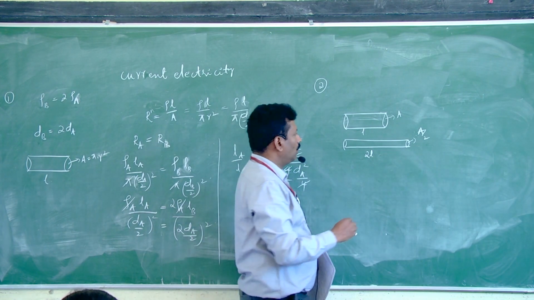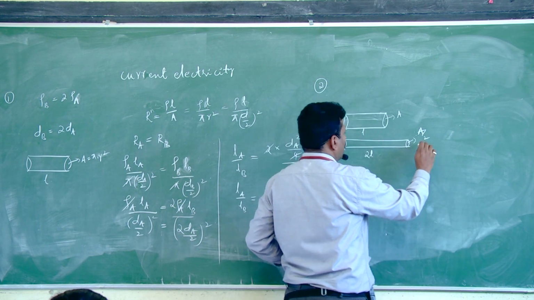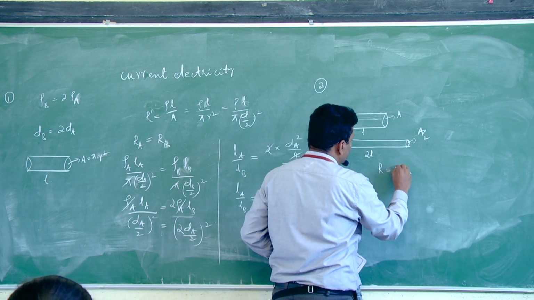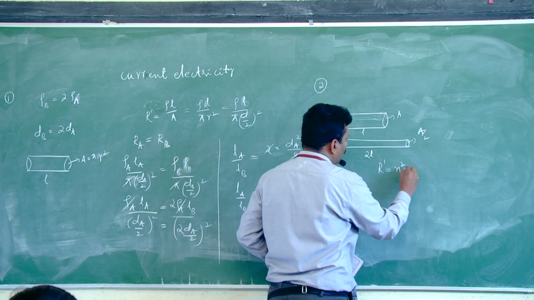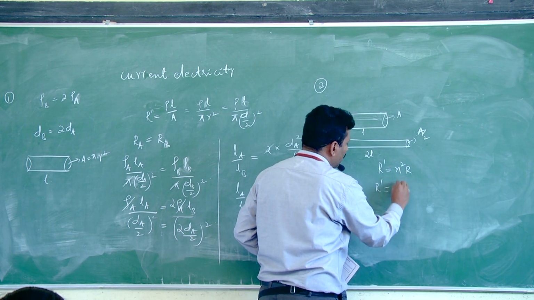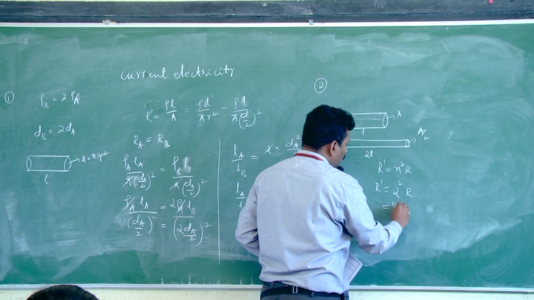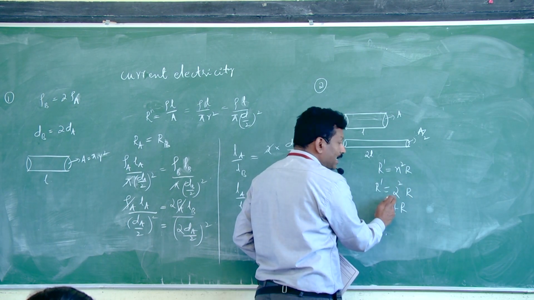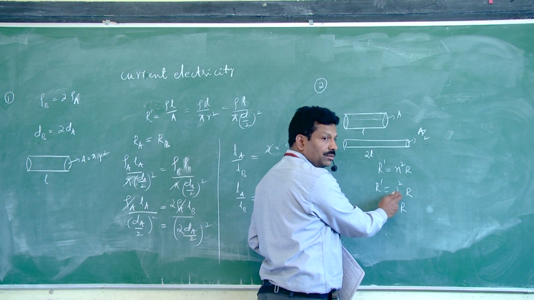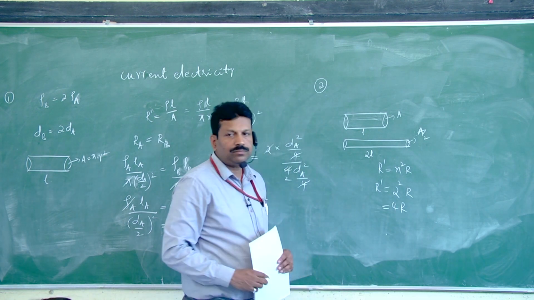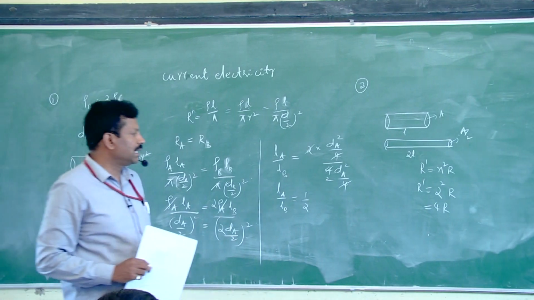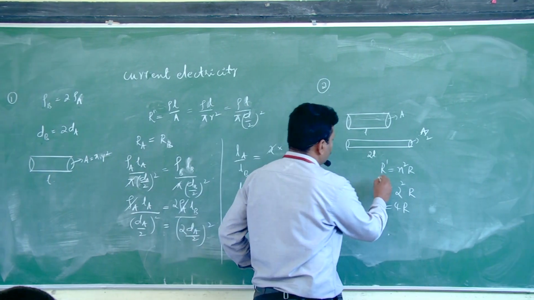And the resistance increases by n squared times R. So if the length becomes 2 times, resistance becomes 2 squared R, which is 4 times R. If length increases by 3 times, 9 times; by 4 times, 16 times. It's a shortcut: if length increases by n times, resistance increases by n squared times.